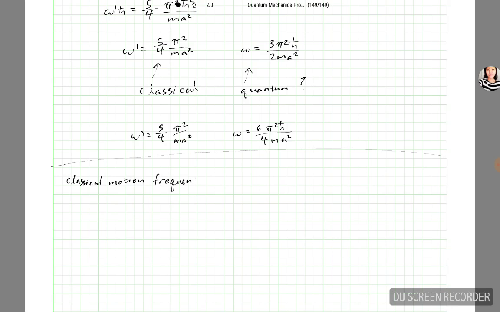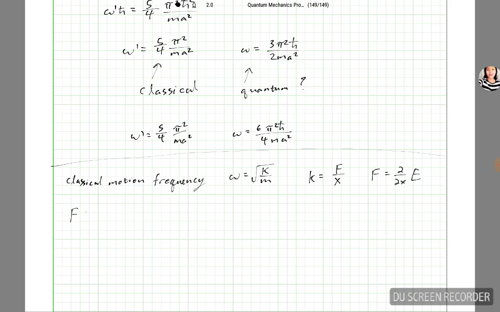That would be my interpretation of the word frequency, something oscillating on a spring, the frequency being the square root of the spring constant divided by the mass, where the spring constant is the force divided by the displacement, and the force is the spatial derivative of the energy.